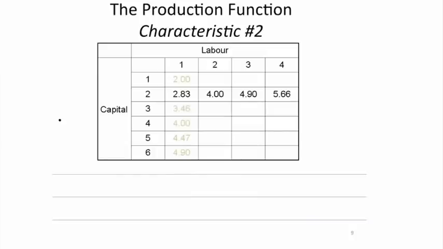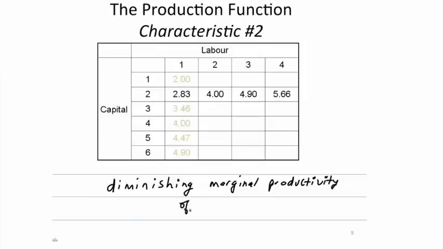The second characteristic of production functions, indeed the second characteristic of production in the real world that we observe, is also a diminishing marginal productivity concept, but in this case it relates to labour. So there is, in the real world, a characteristic of production known as the diminishing marginal productivity of labour.